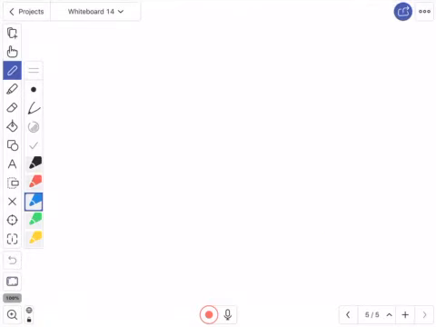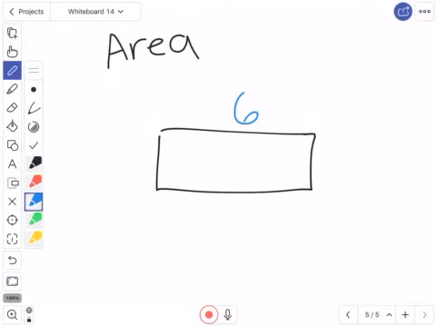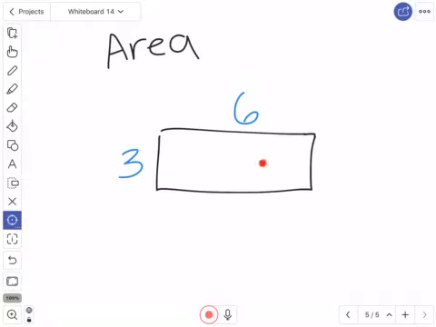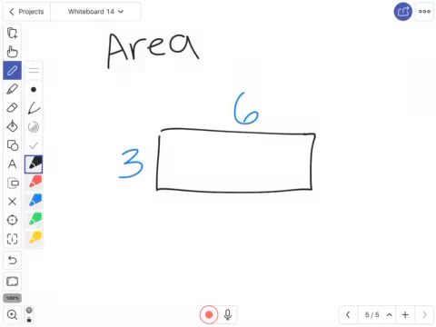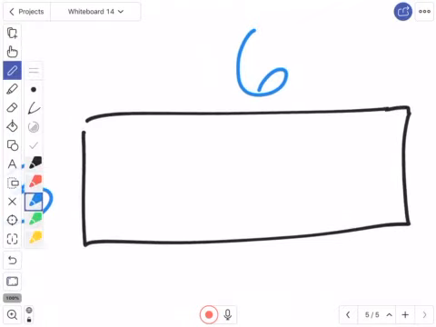Area is the inside of a shape. I'm going to take those same measurements that I had on the last one, 6 for the length and 3 for the width. To figure out area, the one thing to think about is area is on the inside. Sometimes for some problems, you're going to see that there are also lines drawn on the inside.